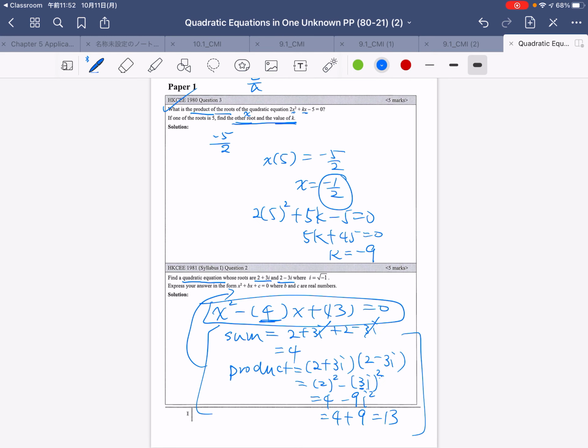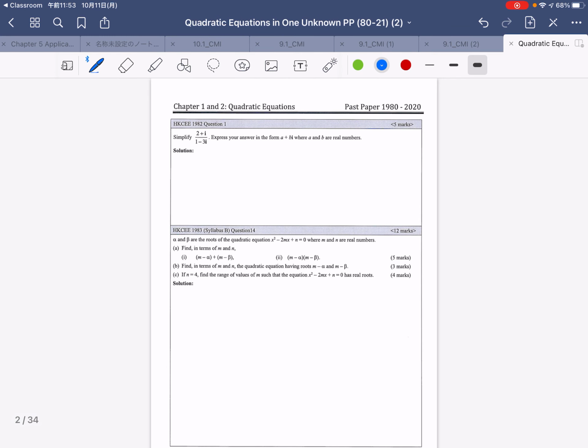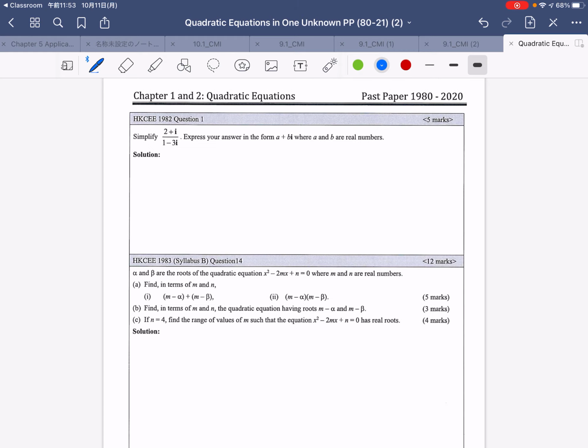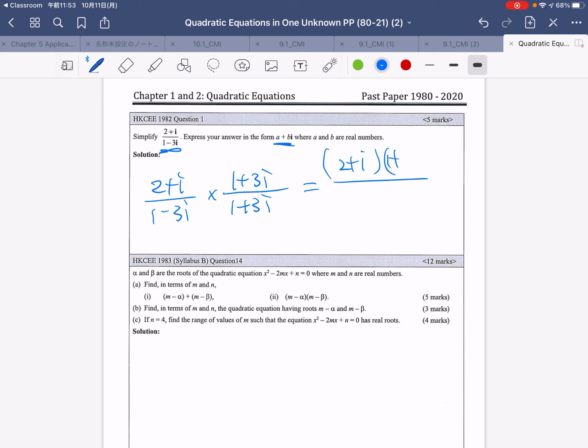That's it. And then we will talk about this one. 1982, question 1. You need to change this into the form a plus bi. That means you need to multiply both the denominator and the numerator (分子分母) by the conjugate 1 plus 3i here, and then you will have 2 plus i times 1 plus 3i over 1 squared minus (3i) squared.